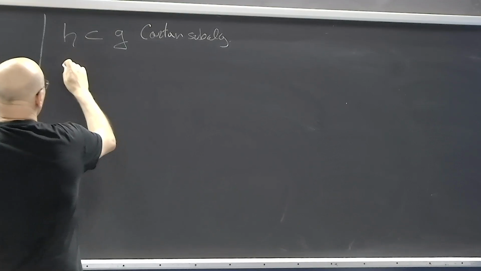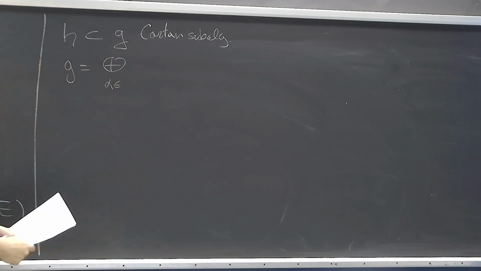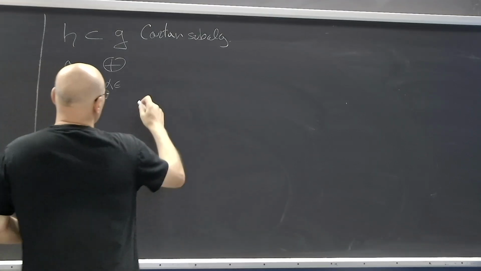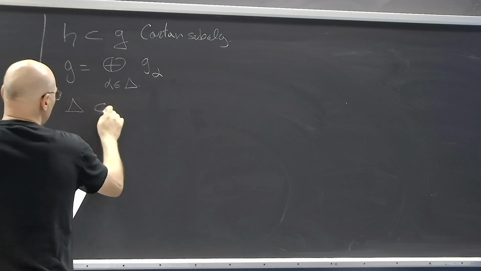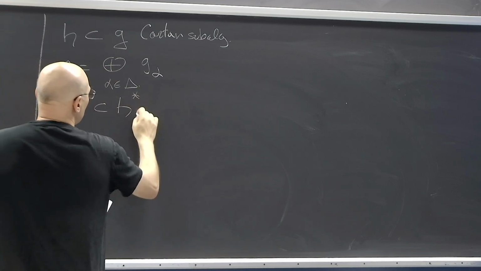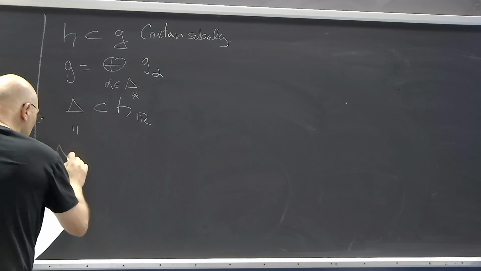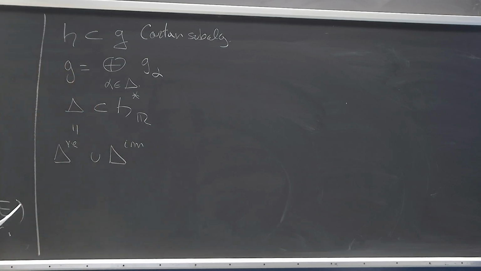And then we have a decomposition of G in terms of the adjoint action of H into weight spaces, root spaces, G alpha. And the root system is in the dual space, maybe a real form of the dual space to this Cartan. And it splits into a real part and imaginary part. OK, that's all we need to know. And how are these differentiated?